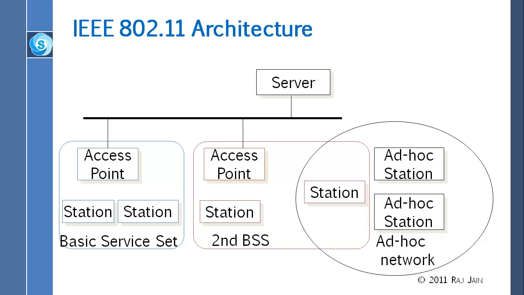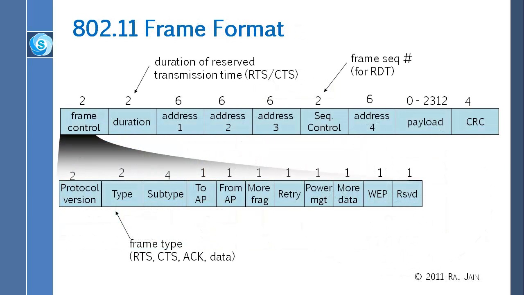First wireless hop, this is the transmitter, this is the receiver, and the second wireless hop, this is the transmitter, this is the receiver, and then this is the destination, this is the source. So source and destination are different from transmitter and receiver. Clear? So you need all these addresses.